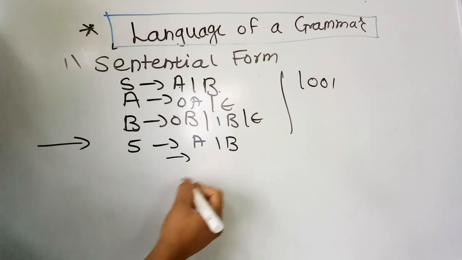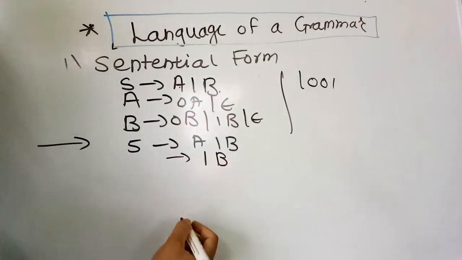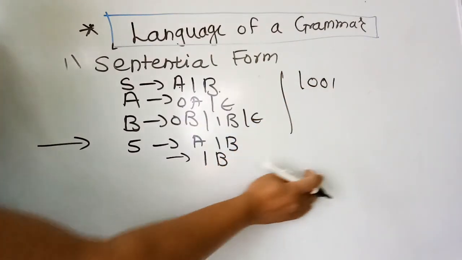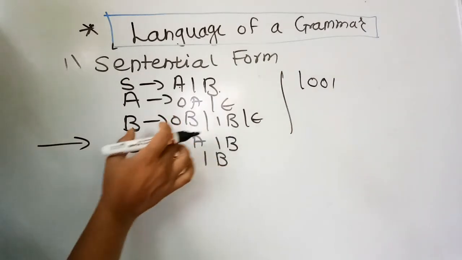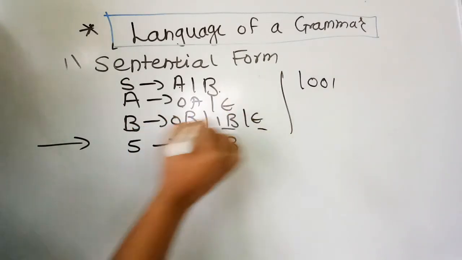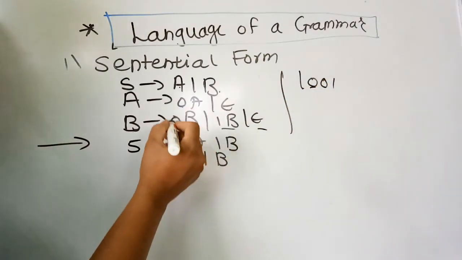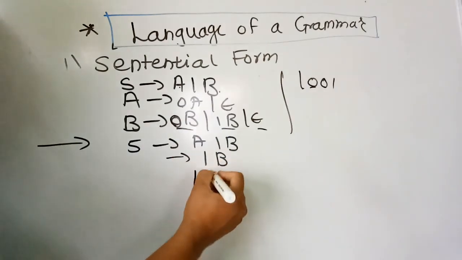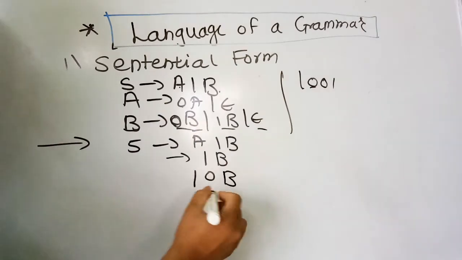Means how will it derive? Replacing A with epsilon means it will generate only 1B. Now the answer containing 1 here also contains 1, so it is the correct way. Now if we replace B, there are three choices: 0B, 1B or epsilon. Now we require two zeros here, so replace this B two times with 0B: 10B, then again replace this B with 0B.